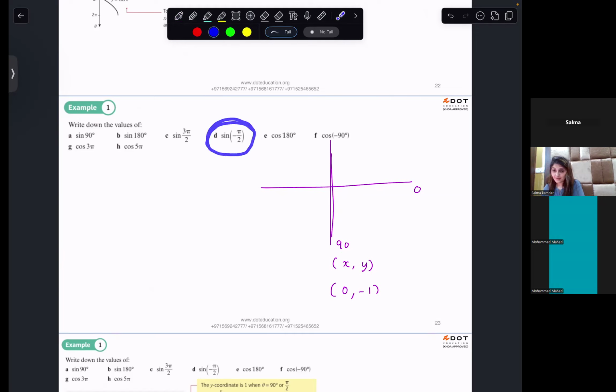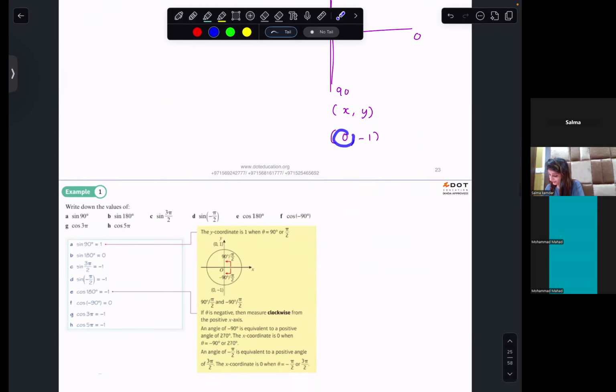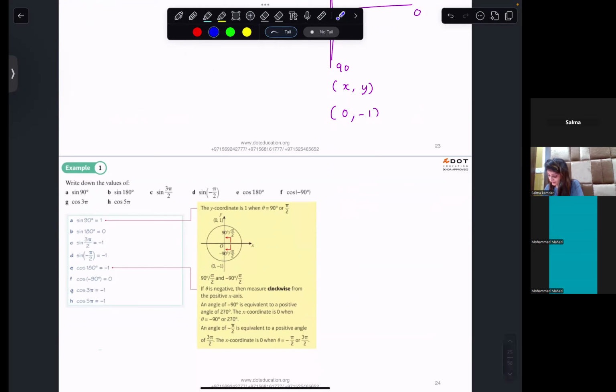So sine minus 90 is going to give us minus 1. Okay. Cos minus 90 is going to give us 0. Very good. So we are done with this now.